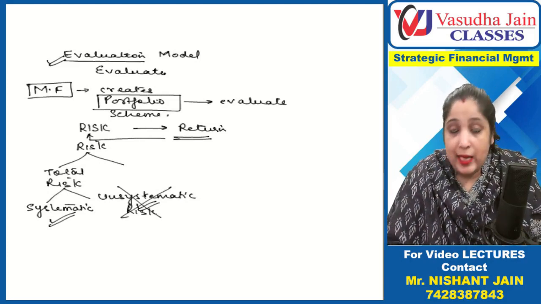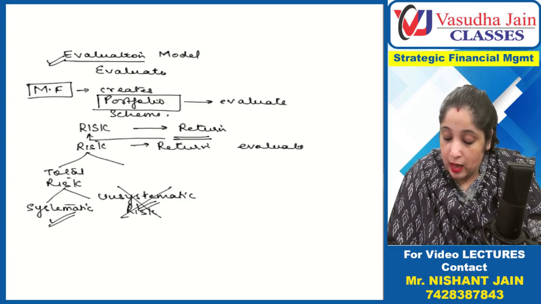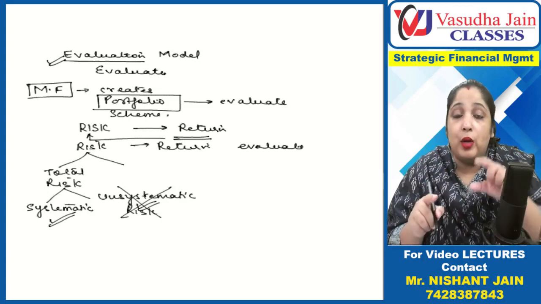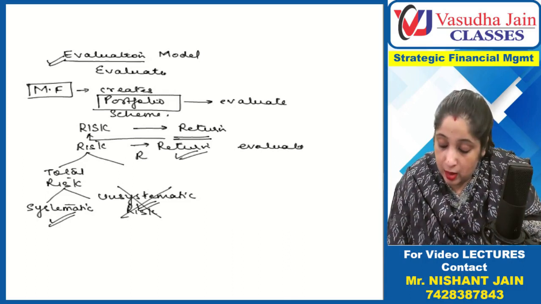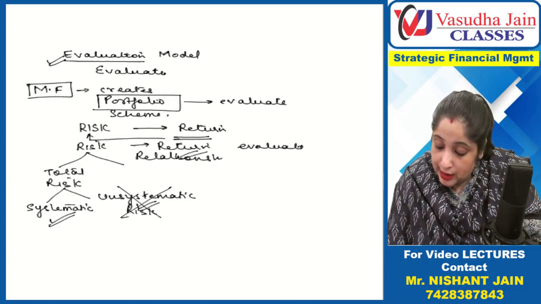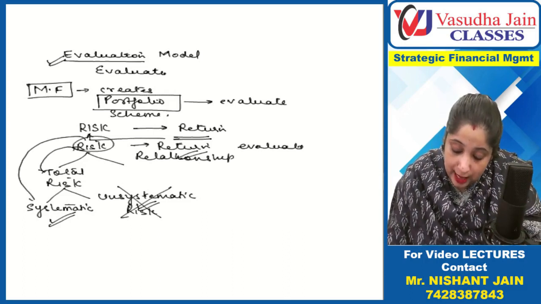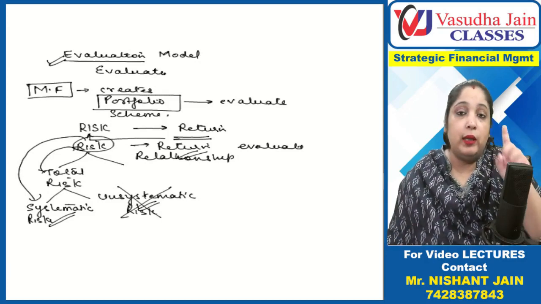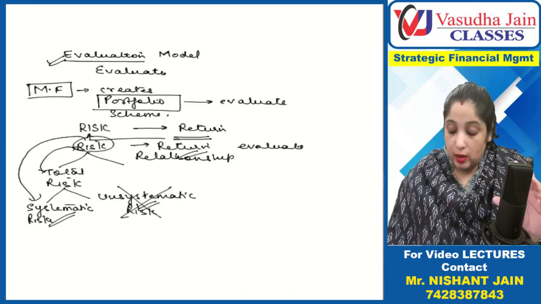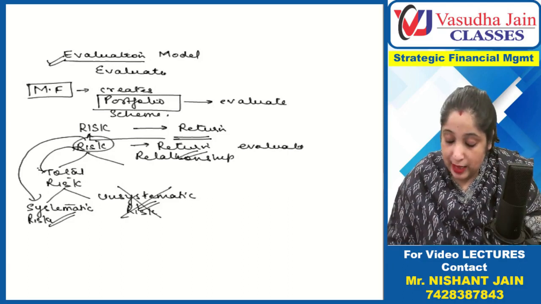Now, various models consider the risk and return relationship and then evaluate. Here the risk will imply either total risk or systematic risk. In the first model, the Sharpe model, whenever I say risk, that implies total risk.